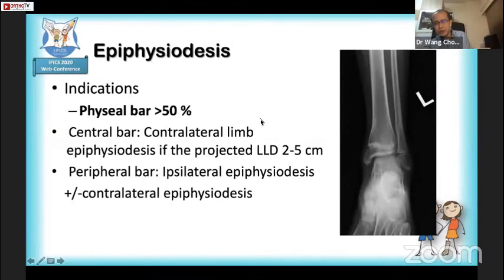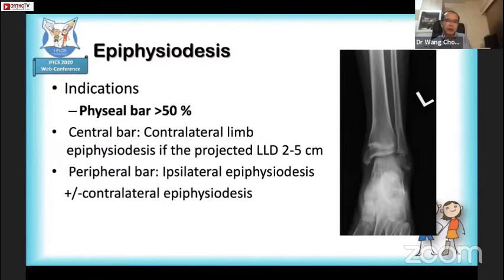So epiphysiodesis in general is indicated for cases that are not suitable for physeal bar resection. So for those with a central bar resulting in limb length discrepancy, contralateral limb epiphysiodesis would be a good procedure if the projected LLD at skeletal maturity is more than 2 or less than 5 centimeters.